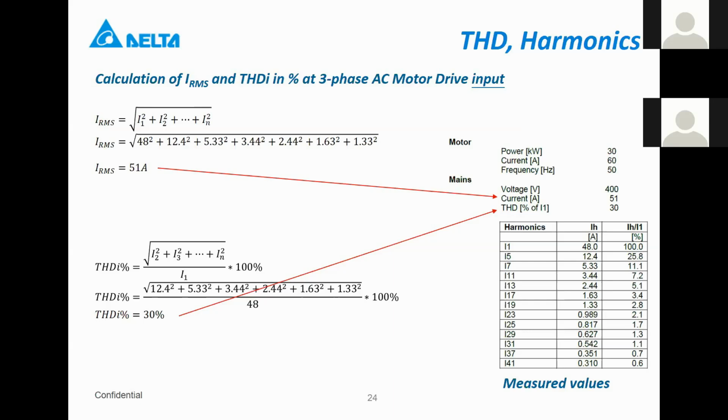We can measure it easily with a power meter or a power device. When you have the different orders and the different currents, you can directly calculate the THDI percentage that is present on the main supply.